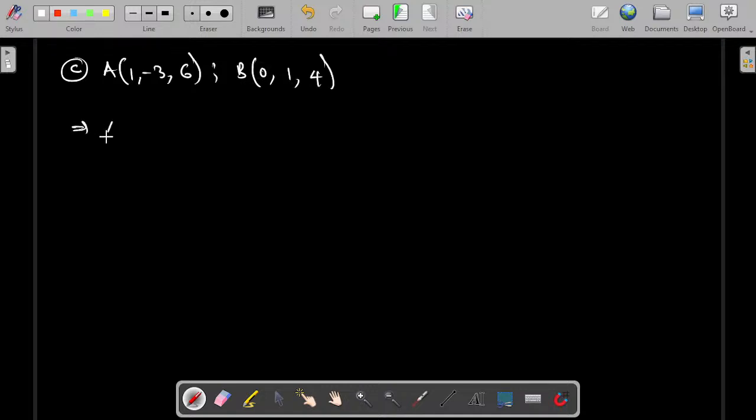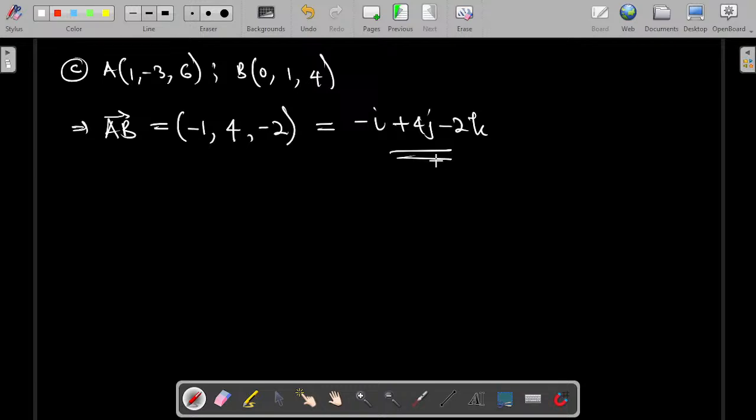So that means my vector AB is going to be equal to B minus A. So I can quickly do it. 0 minus 1 is minus 1. 1 minus minus 3 will give me 1 plus 3, which is 4. And 4 minus 6 will give me minus 2. Therefore, my vector is minus i plus 4j minus 2k. And that is the solution.